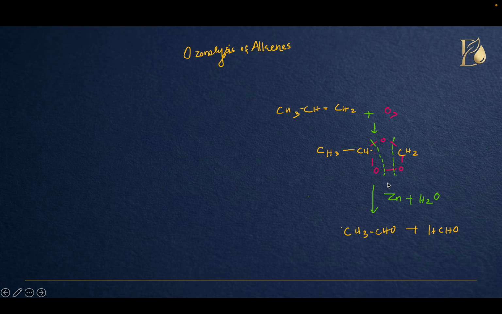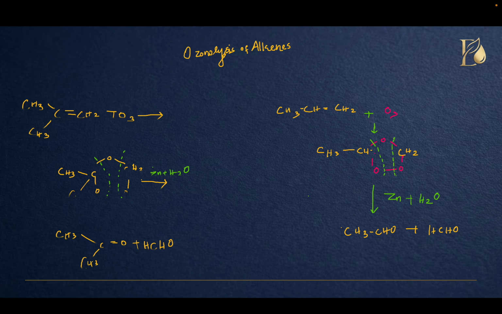It will produce an adduct, which on further treating with zinc dust and water, will produce the corresponding aldehydes and ketones, and the product will depend upon the alkene which undergoes ozonolysis. Basically, when alkenes react with ozone, it produces an ozonide, which on further treating with zinc dust and water will break and form the corresponding aldehydes and ketones. Either it can be aldehydes or ketones or a mixture of aldehyde and ketone, depending upon the reaction.